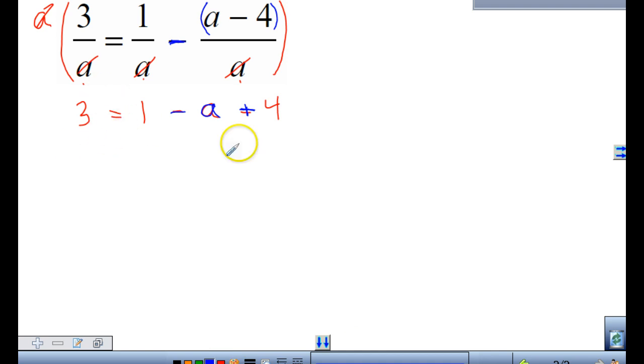Alright, so from here, you guys can solve it. 1 minus what number plus 4 equals 3? Go and solve that. Add 1 and add 4, same as adding 5.